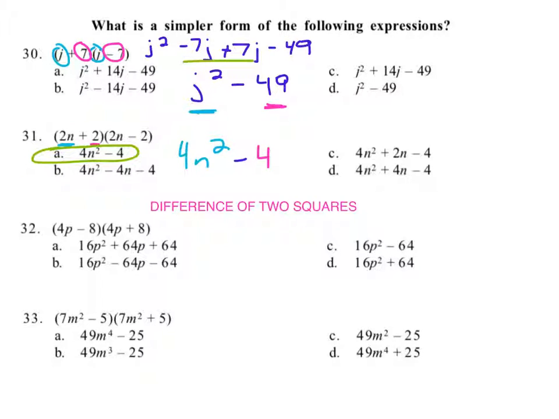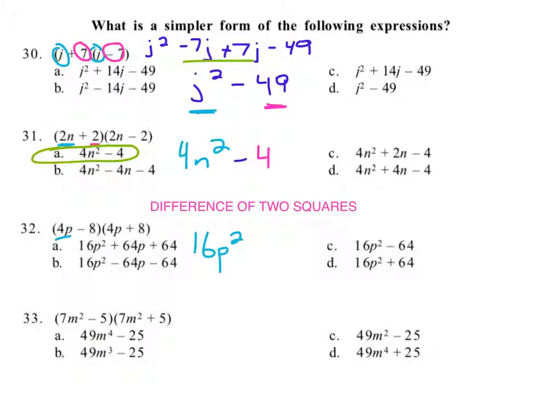Okay? We're going to just keep doing that. Here, for 32, we identify it as this type of problem because we've got that 4p minus 8 and 4p plus 8. They're almost exactly identical, except the sign between them is opposite. Okay, so we say, what's the first term? The first term is 4p. So what's 4p times 4p? It is 16p squared.